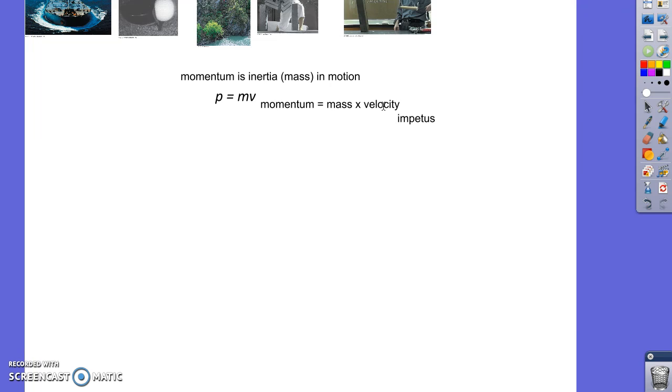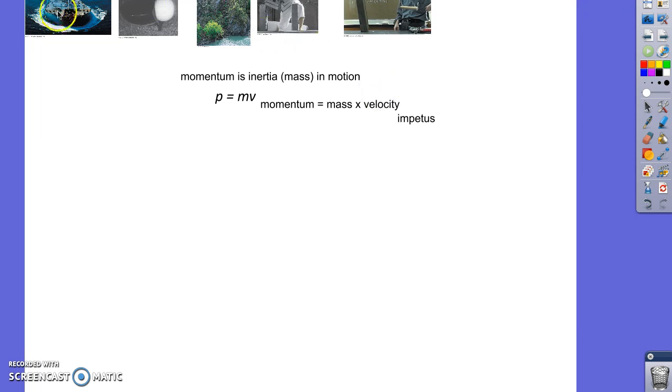A magnitude is a scalar, like 35 degrees is a scalar thing, but there's no direction to degrees, so it's not a vector. Velocity is how fast it's going, but it's also going to have a direction. So the momentum will have a direction, and that can be very important, especially when two objects hit each other. It depends on what directions they're going, what will happen when they hit. So it is a vector quantity.